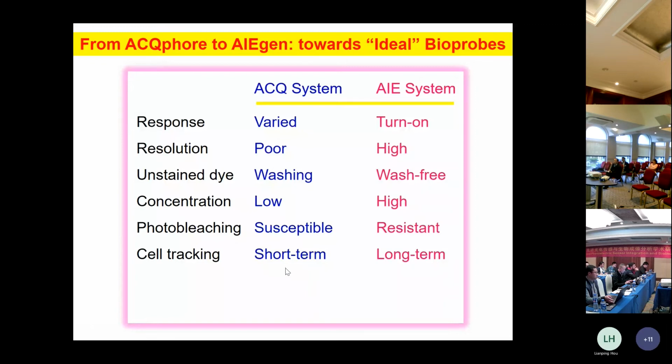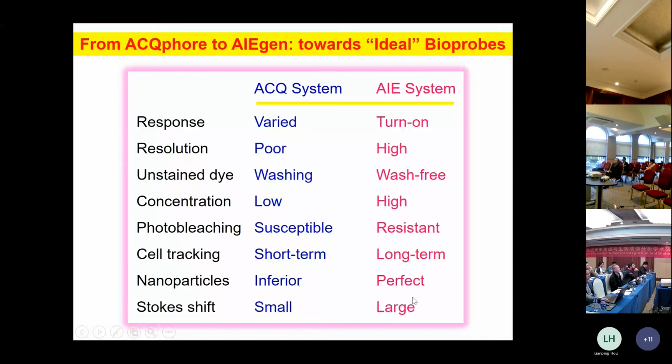For our AIE nanoparticle, because it's endocytosis, once it's internalized through the endocytosis process, the interaction inside the cell will keep the nanoparticles inside. So that is why we can monitor the cancer cell for a very, very long time. Nanoparticle is perfect, because our aggregate basically is a nanoparticle. But for the ACQ system, because of aggregation-caused quenching, you can't use nanoparticles.